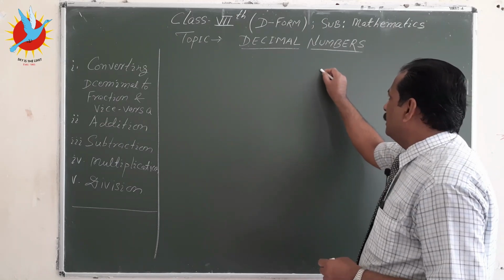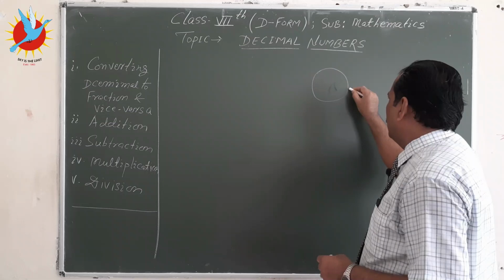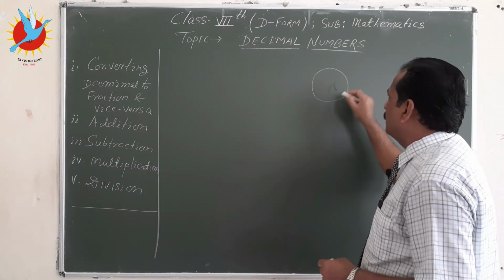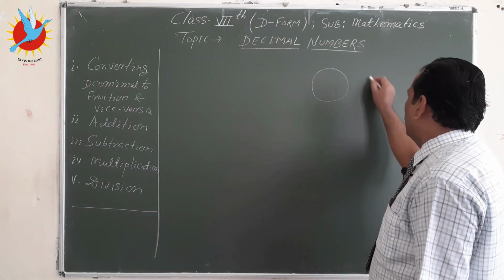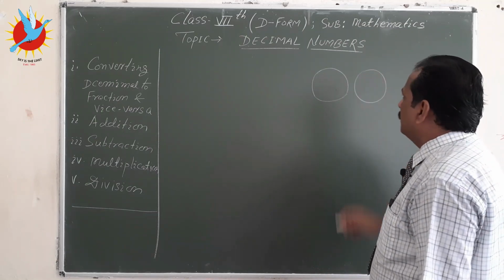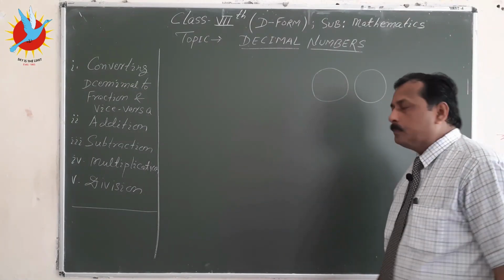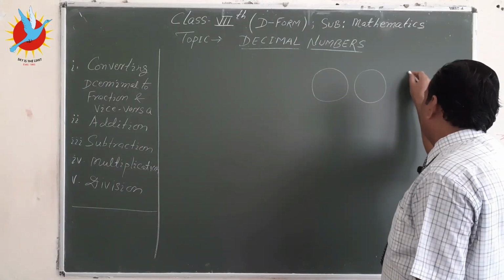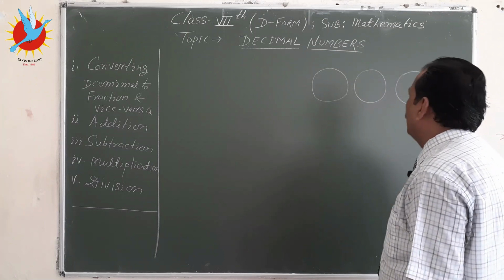Suppose this is one circle, a circular cake, and this is another cake, and let us assume that these two are identical, and then another identical cake.